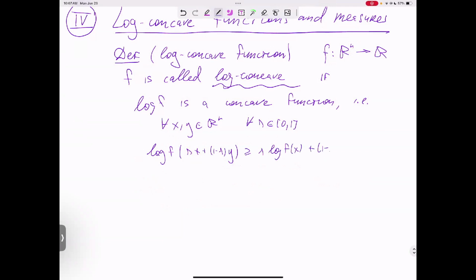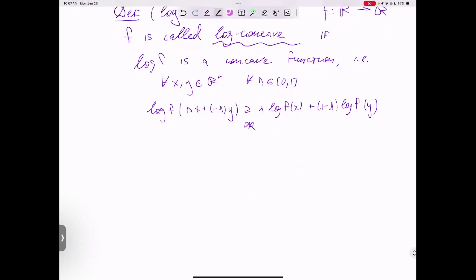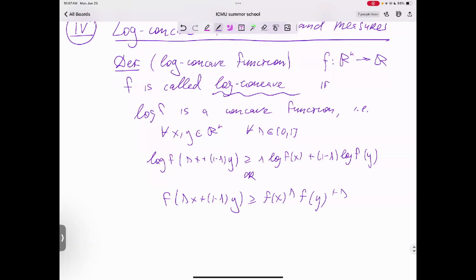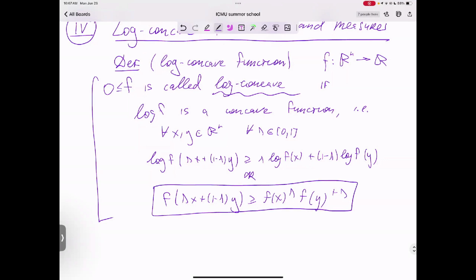This is the definition of a concave function, I'm reminding you. Or in other words, if you take the logs out, f of lambda x plus 1 minus lambda y is bigger than or equal to f of x to the power lambda, times f of y to the power 1 minus lambda. Let's restrict ourselves to non-negative functions here, by the way. So this is the definition of a log-concave function.